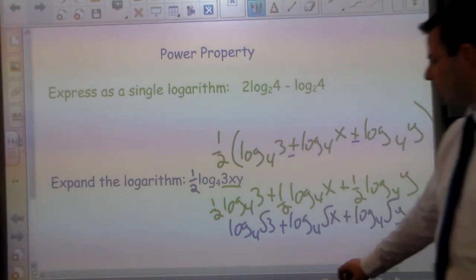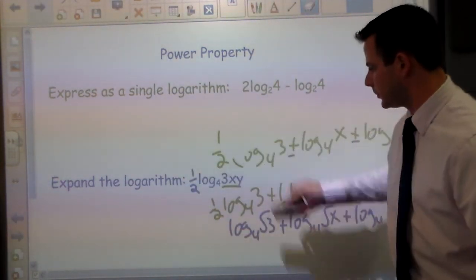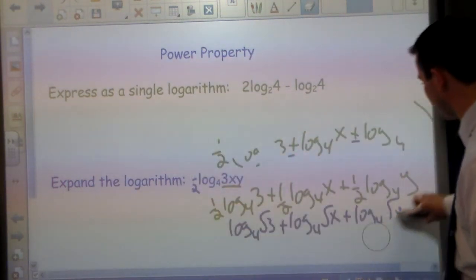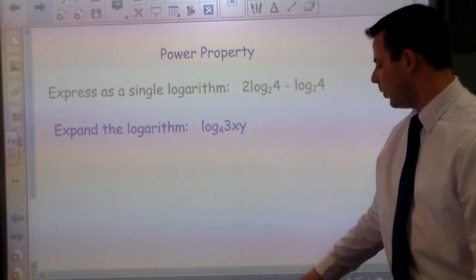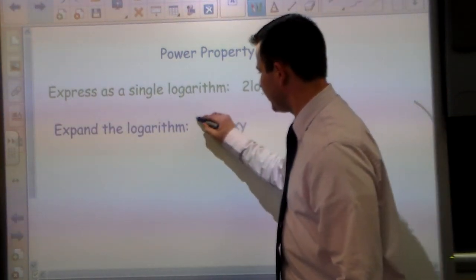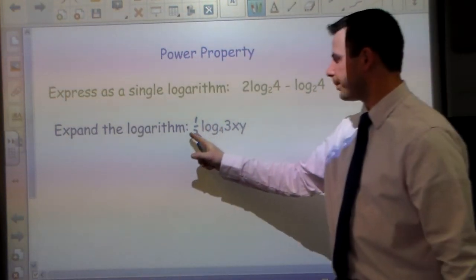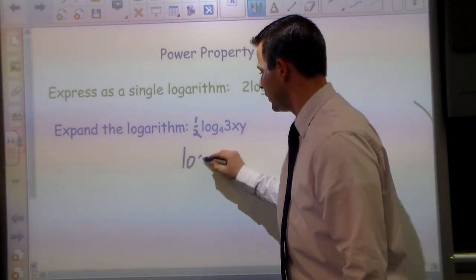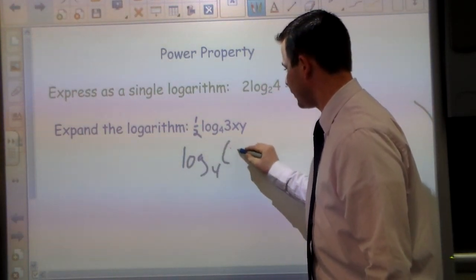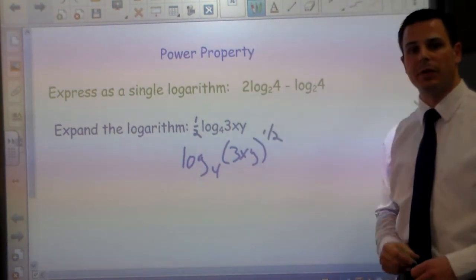Okay, let's think about this another way. So, what we have is a 1/2 in front of these things. What I can do is bring the 1/2 in front of everything. And I could say log base 4 of 3xy all being raised to the 1/2 power.